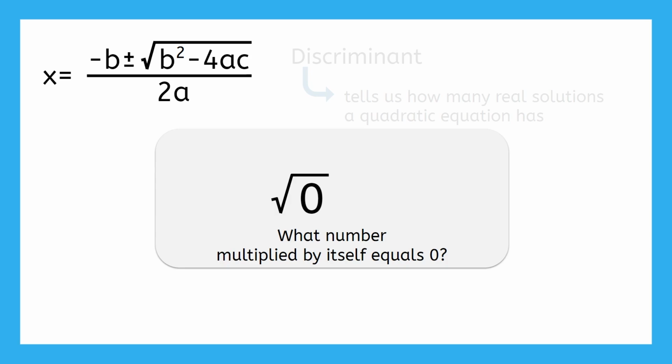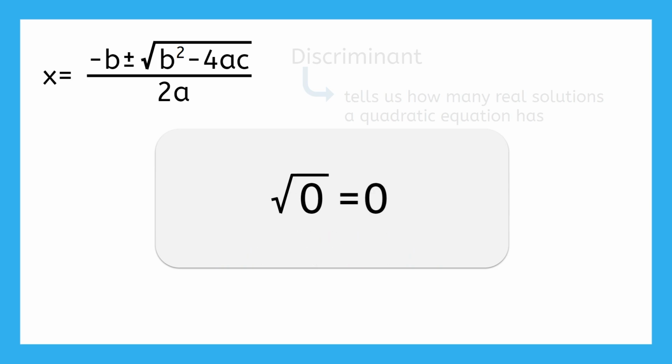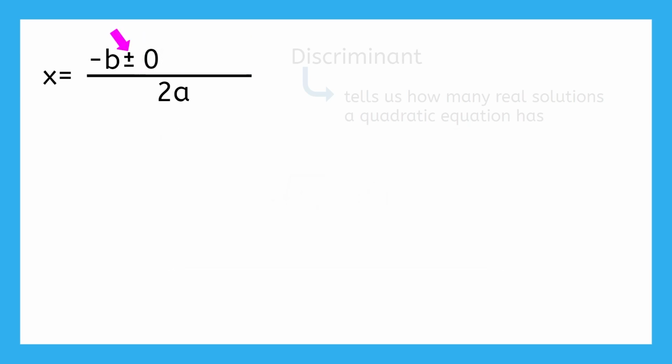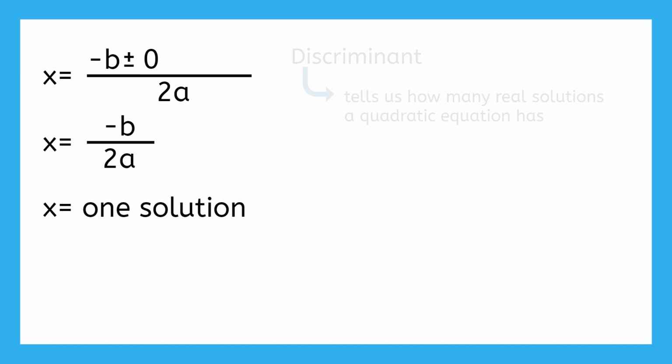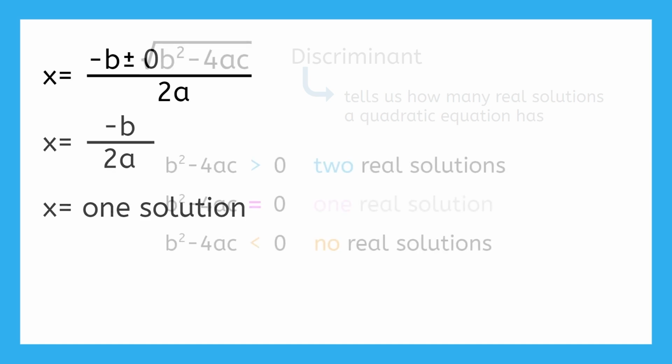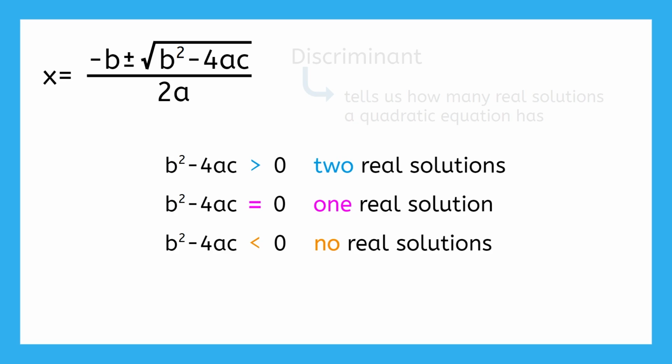Well, there's only one answer here, 0. So if this chunk with the square root symbol simplifies to 0, whether we add or subtract 0, the numerator of the equation will still simplify to just negative b, leaving us with only one solution. Since the square root of 0 has only one answer, that means the quadratic equation will have only one real number answer.